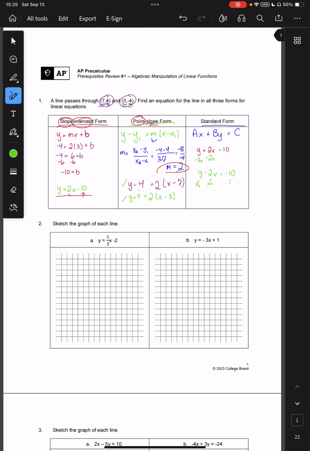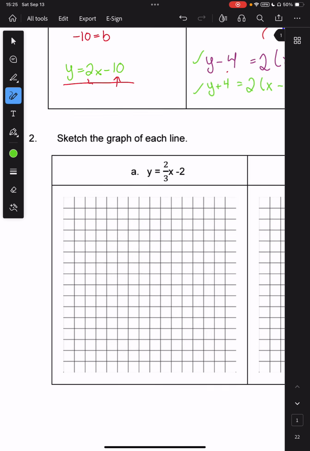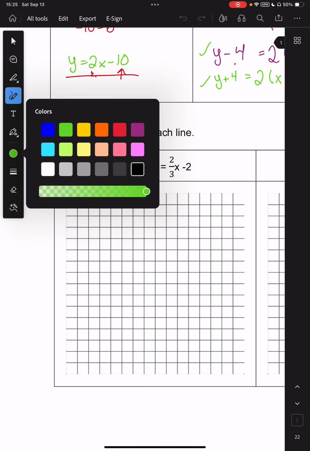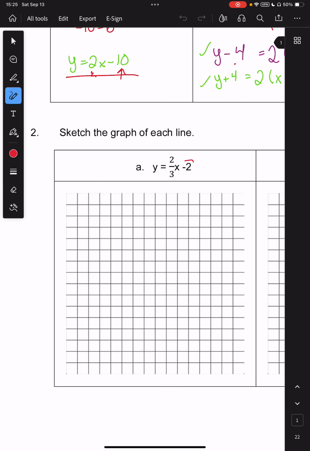Now, question number 2 is asking us to graph each of the lines. So the way I like to graph is, let's start with A. So when I graph, what I start off with is our intercept, our -2. So we know that -2 is where our y-intercept is.